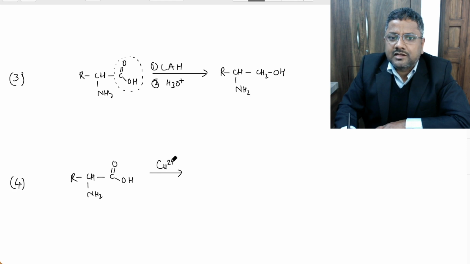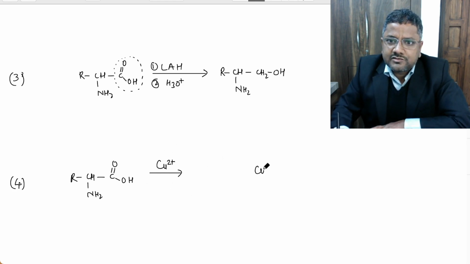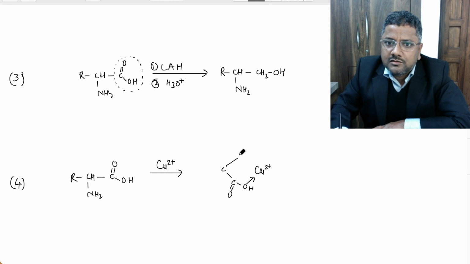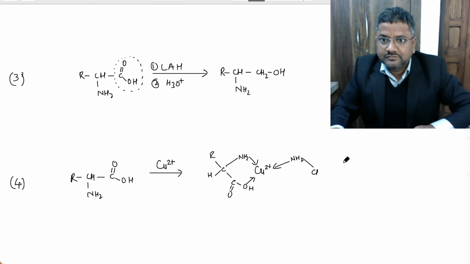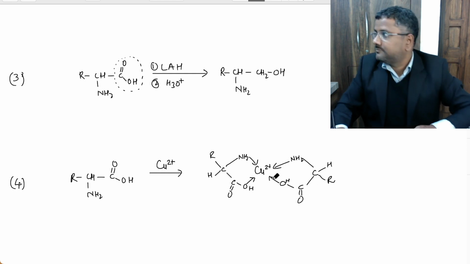So with transition metals like copper 2 plus, iron, nickel, they all form such types of complexes. So Cu2 plus and RCH, COOH.